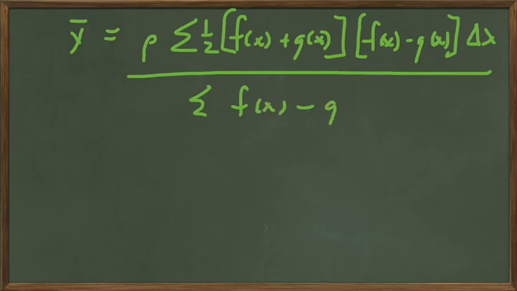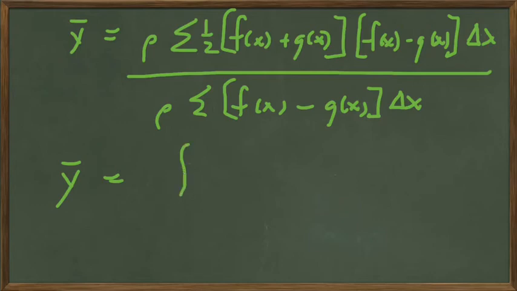Both of the x bar and the y bar denominators are exactly the same because it's just the mass. And so, as before, what happens as delta x goes to 0, the summation sign turns into an integral sign, and we do a little bit of algebra here to make this simpler.